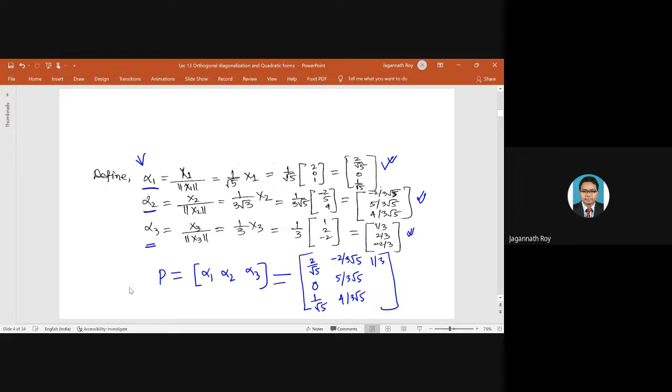Similarly, 1 by 3, 2 by 3, and minus 2 by 3. Now, I am just writing it as a column. If you write it as a row also, then you will get the same matrix, because here you will get P equals P transpose.